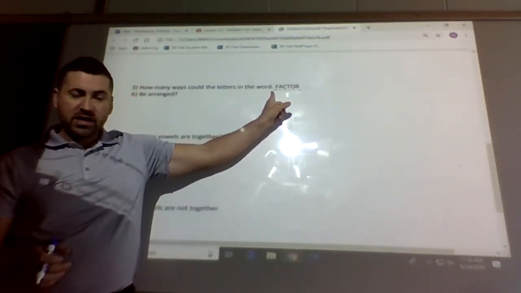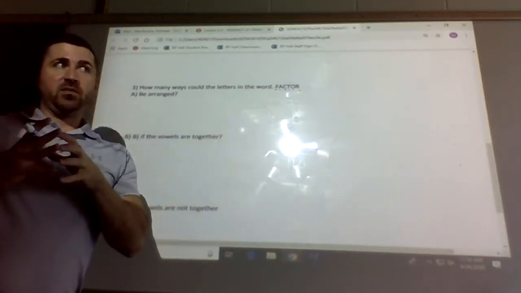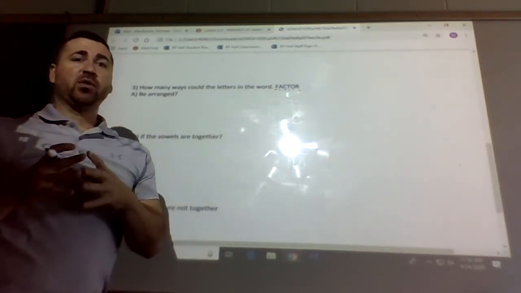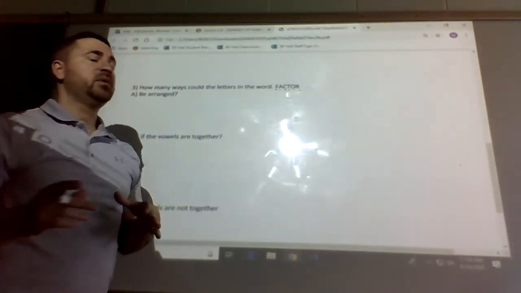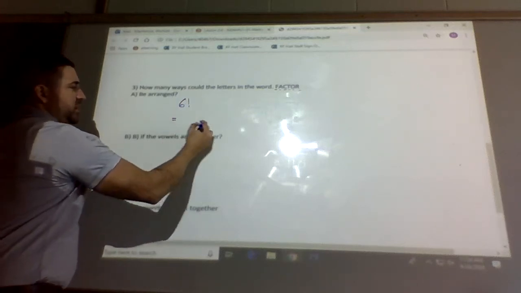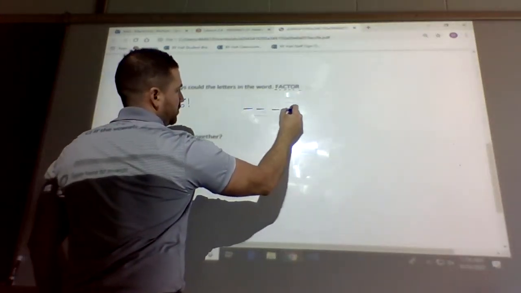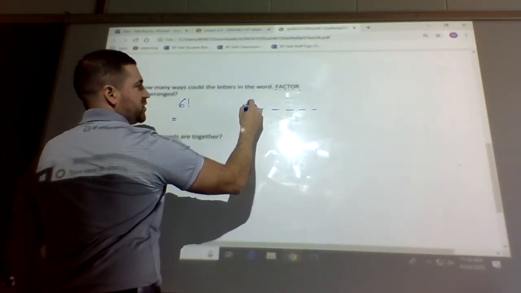Any word is always in a row or in a line. So if we're arranging 6 letters, all of them, then it's just 6 factorial. Or you can write out the spots. You have 6 letter options for the first spot.